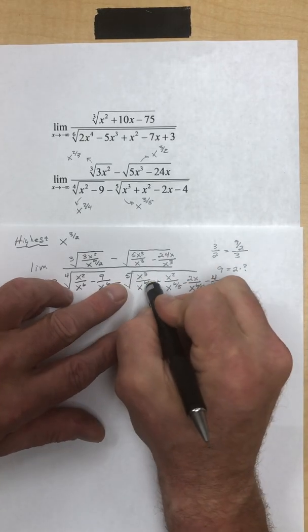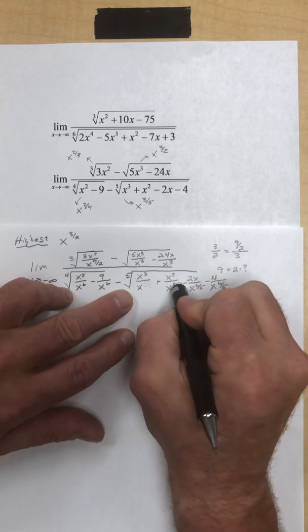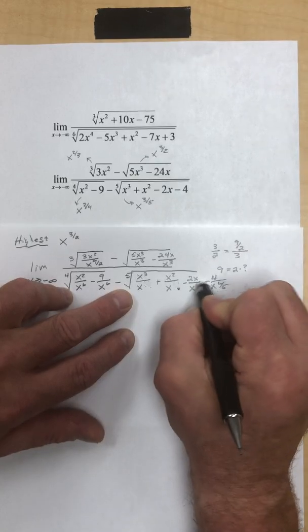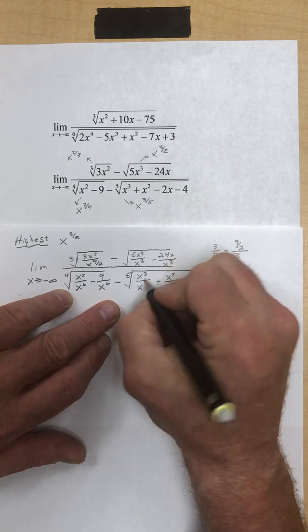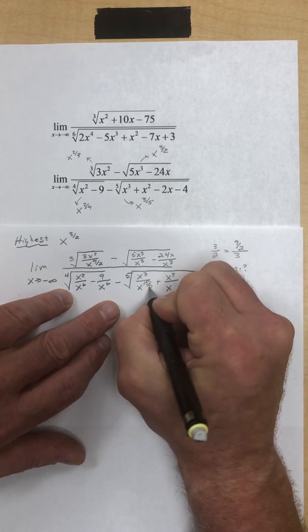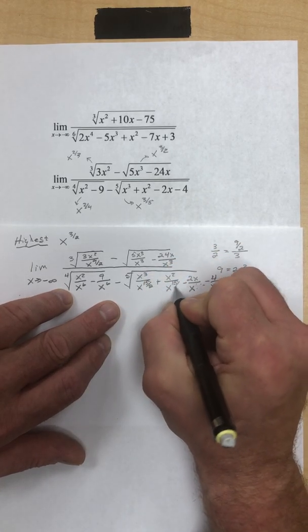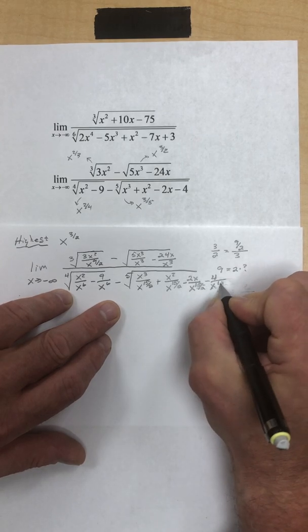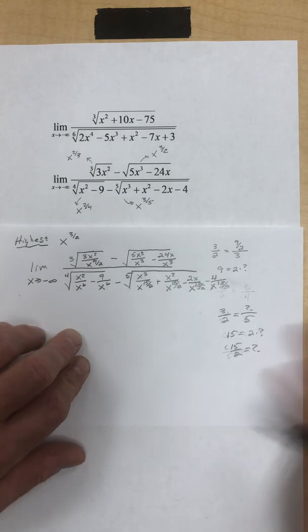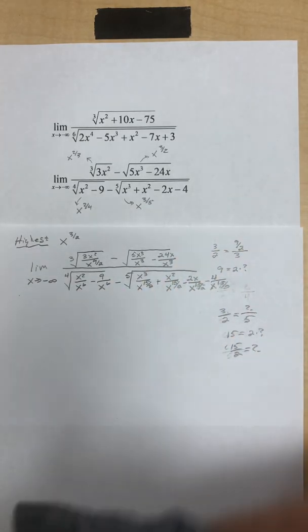So all of these have to be 15 halves. I knew something there was bothering me. Now we should be in good shape here.